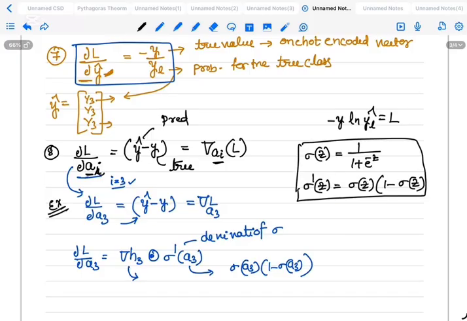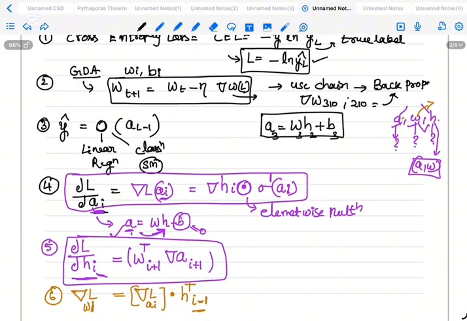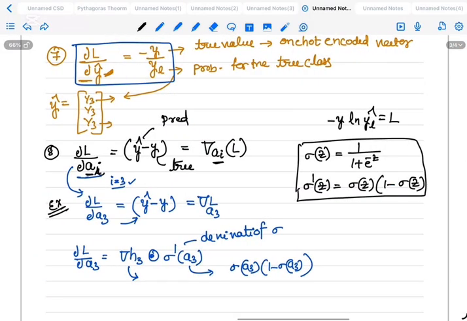So delta H3: write i equals 3. Dou L by dou H3, that is delta L with respect to H3, equals W_(i+1), W4 transpose delta A4.